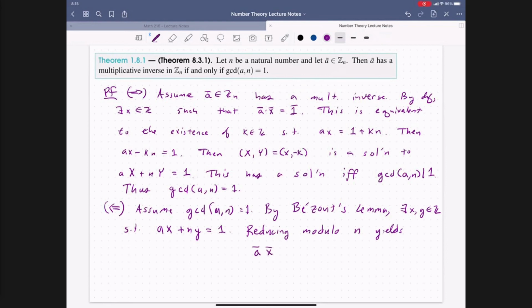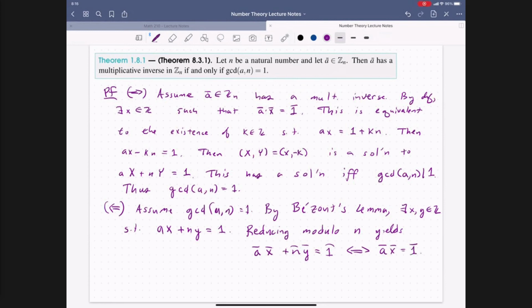So we're descending down to the integers modulo n. But n, the congruence class of n, is 0. So we have that a bar x bar is equal to 1.